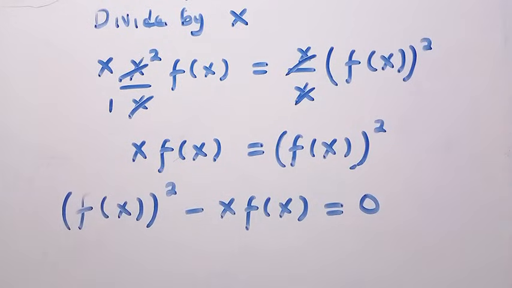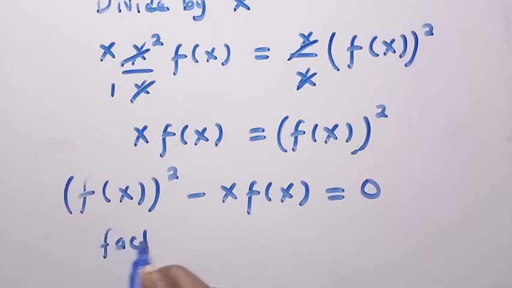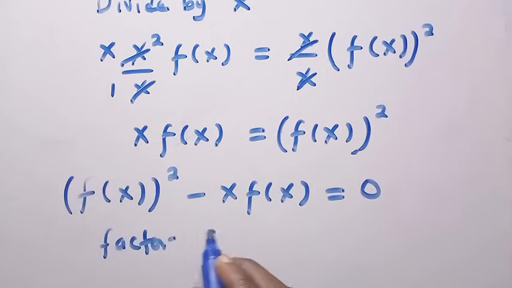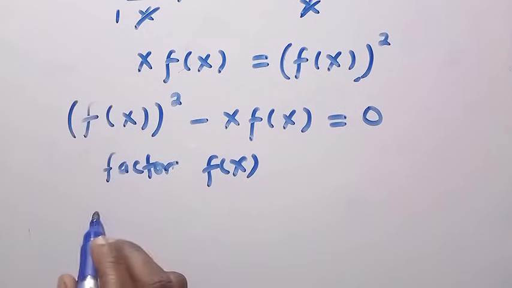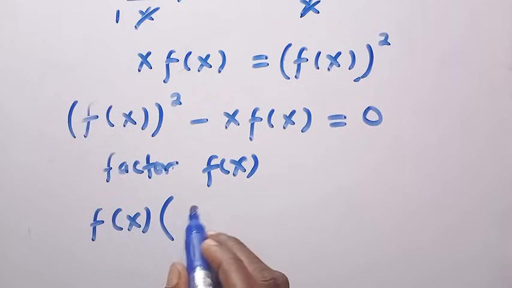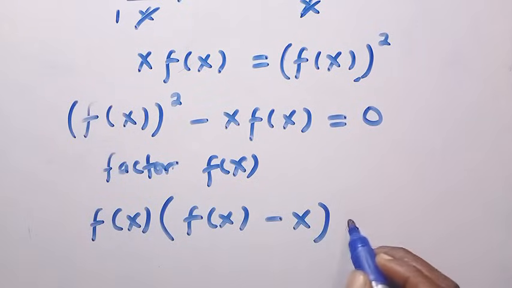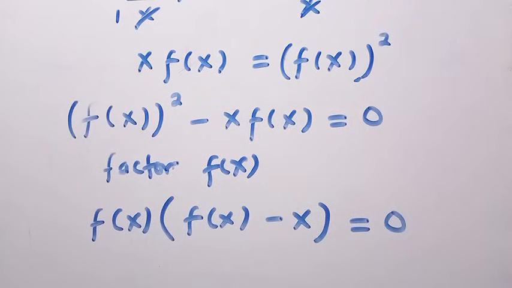Then at this point, let's try and factor out. If I factor f of x from this, we are going to have f of x open bracket f of x minus x equals 0.